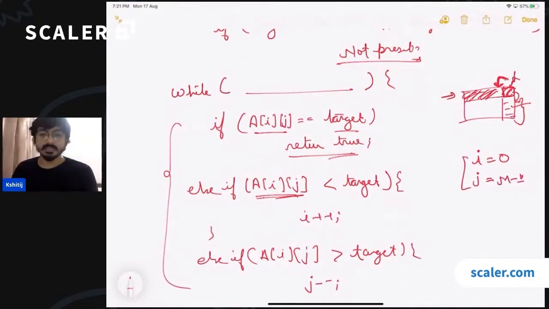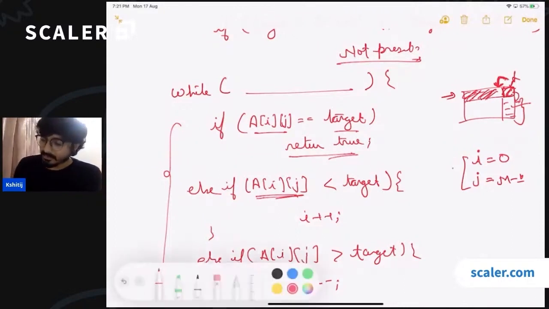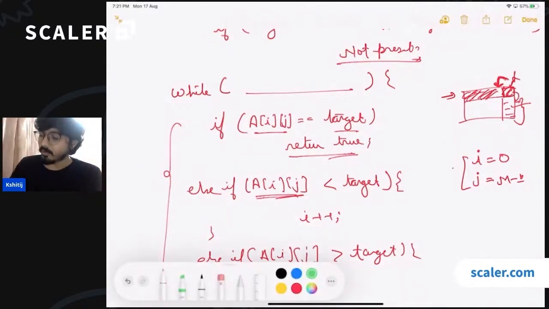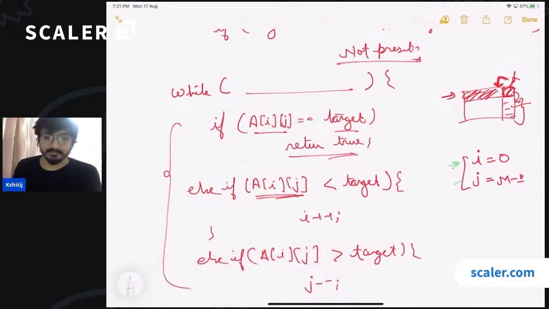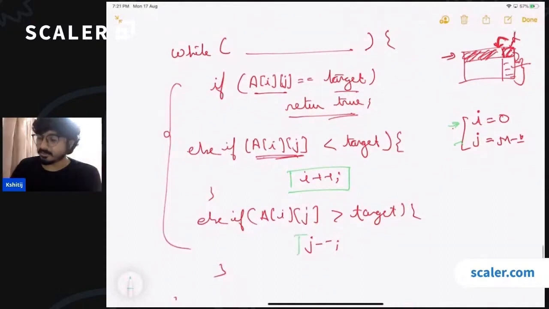Now what should be the restriction, or what should be the boundary where we can go? You can also pay attention to how we are changing these variables, right? So i is always getting incremented, j is always getting decremented. i is currently at the smallest possible value, which is 0. j is currently at the largest possible value, right?